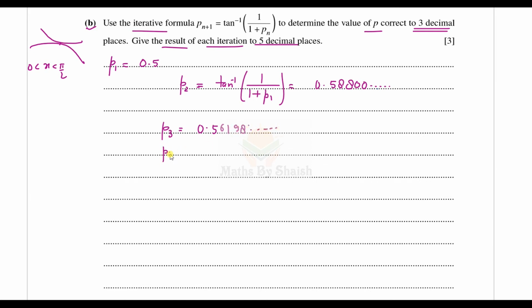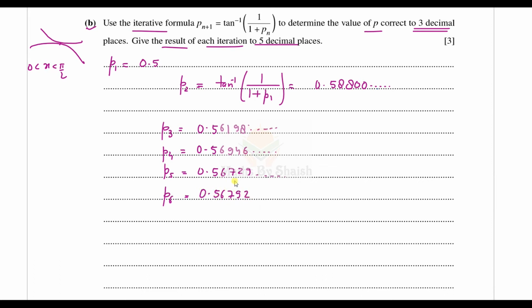And P4 is going to be 0.56946 and so on. Then again you press the equal to button and you'll get P5 as 0.56796 and so on. Then P6 will be 0.56792.